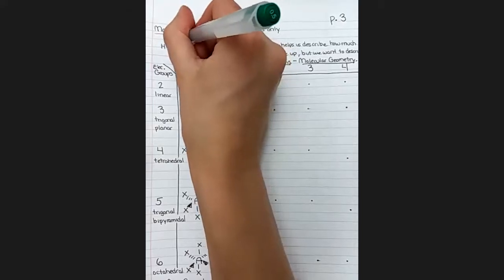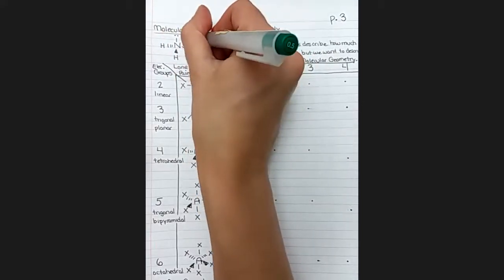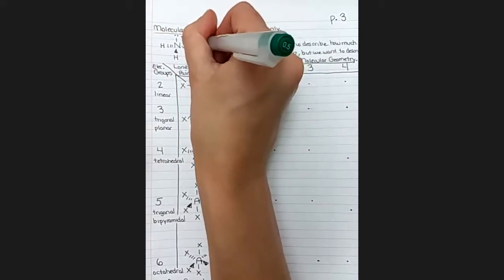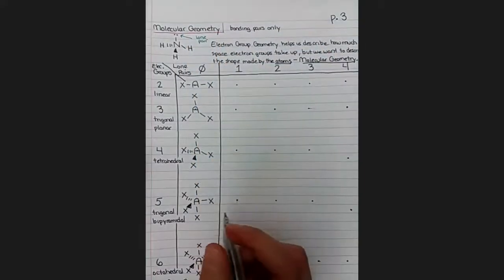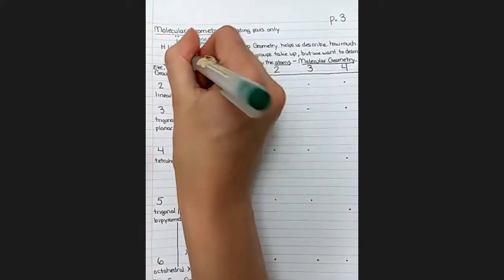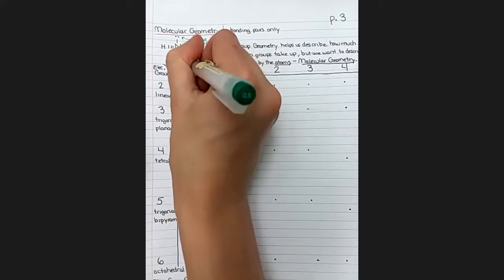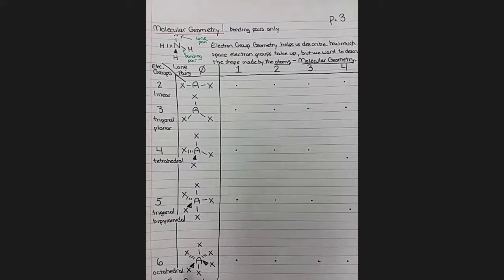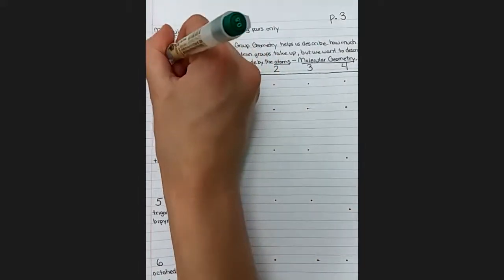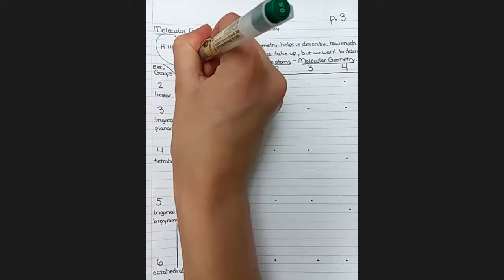So let me show you what I mean in this example of ammonia that we've been talking about before. Remember that we have two types of electron groups. We have lone pairs, which only belong to one atom. And then we have bonding pairs, which connect atoms together, which connect two atoms. So when we named the electron group geometry before, we can think of that as encompassing the entire molecule.